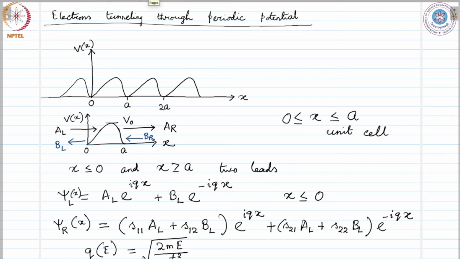So, here we look for a solution that satisfies the boundary conditions at x equals 0 and x equals a. So, what are the boundary conditions that we have? We have Bloch theorem now in mind. At those points, what does the Bloch theorem require?